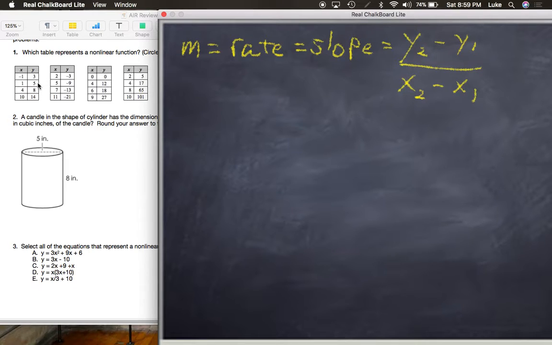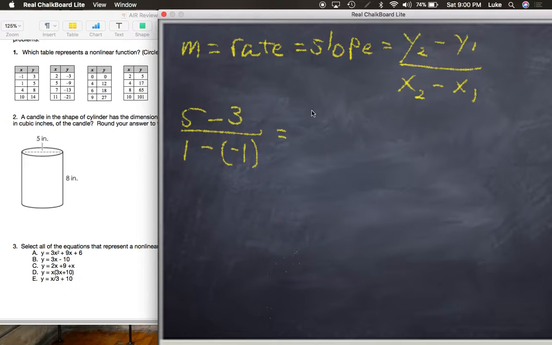Our second one is 5, so that's going to be our y2, and our first one is 3, so that's going to be our y1. Likewise, x2 is going to be 1, and x1 is going to be a negative 1. So using this formula, y2 is going to be 5, y1 is going to be 3, so 5 minus 3. And our x2 is 1, and our x1 is a negative 1. So I'm going to say minus a negative 1.